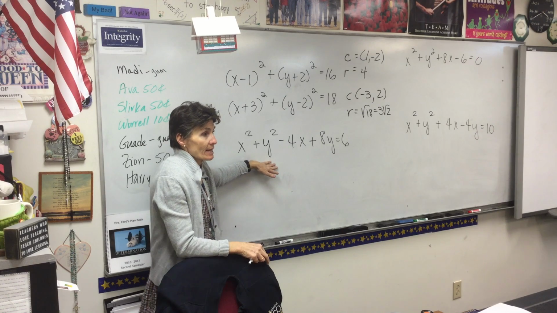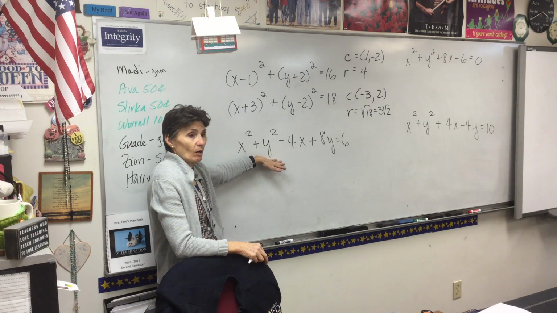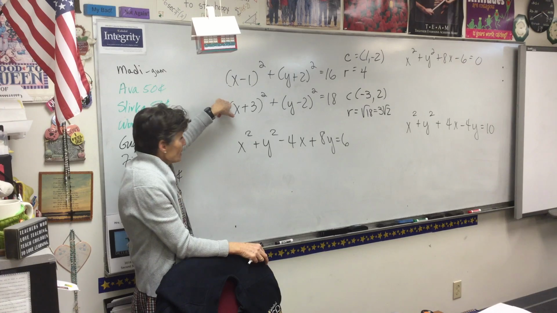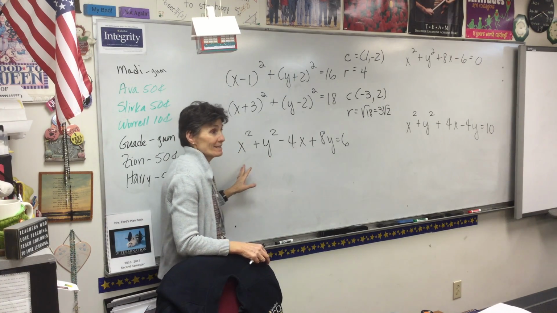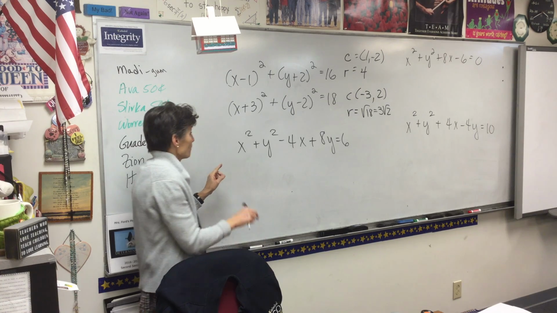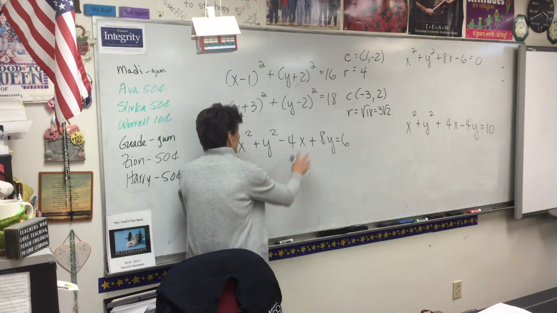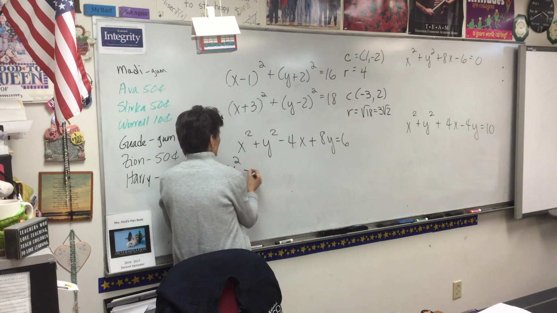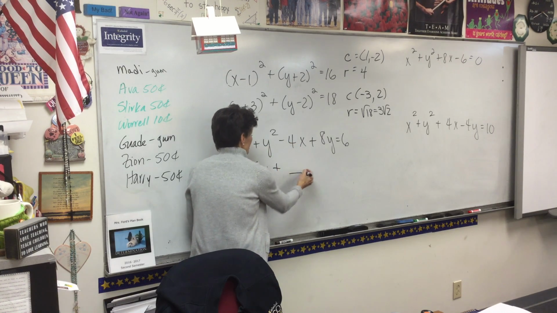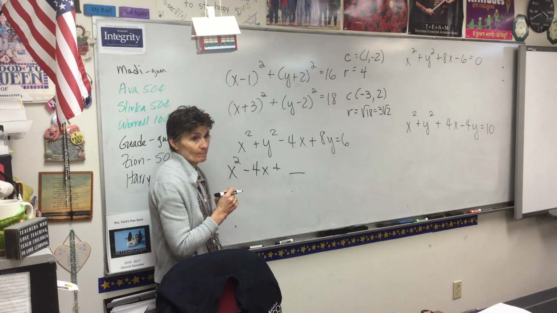This one is not in standard form. So somehow we have to do arithmetic on this so that it looks like these. So we need to have squared quantities, and we're going to be completing the square, which you know how to do. The first thing I want you to do is rearrange the equation so that the two x terms are together, and leave a blank because we're going to have to stick a number in there.